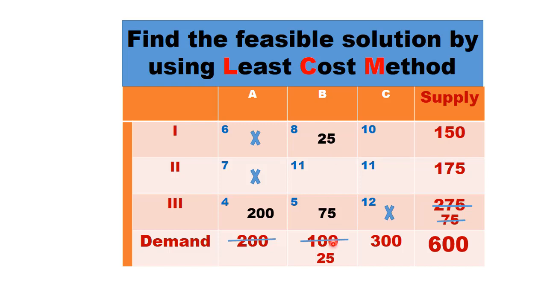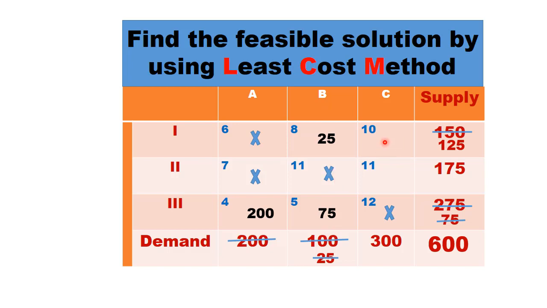After allocating this, the requirement of warehouse B is fulfilled. Out of 150 units, we have allocated 25 units here. The supply leftover units are 125. Now we have to eliminate this cell, because the demand of B is already fulfilled.